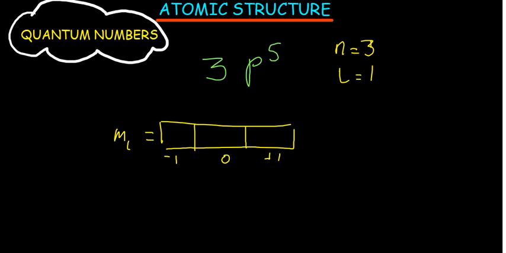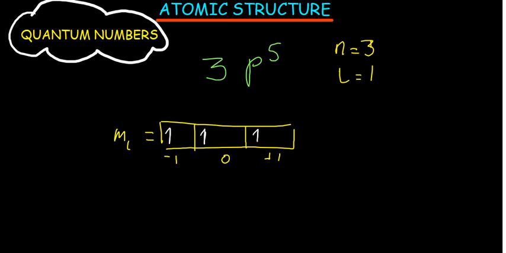Now we can fill in the electrons. We are talking about the fifth electron, so we first fill these orbitals: one electron spin up, the next one spin up, the next one spin up. We have used 3 electrons, so we are remaining with 2.